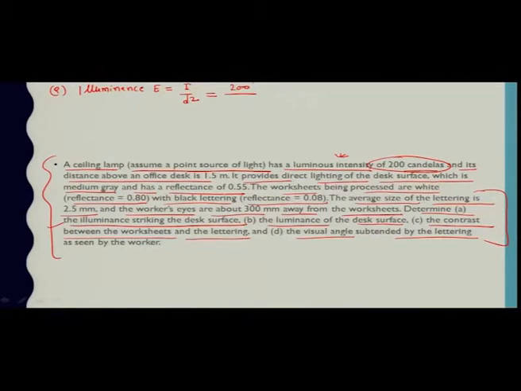Small d is the distance above the office desk, that is 1.5. So here you can calculate, and it will come out as 88.8, and the unit of illuminance is lux.